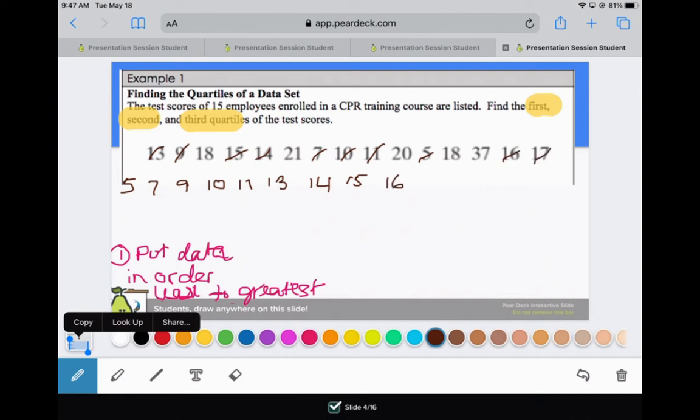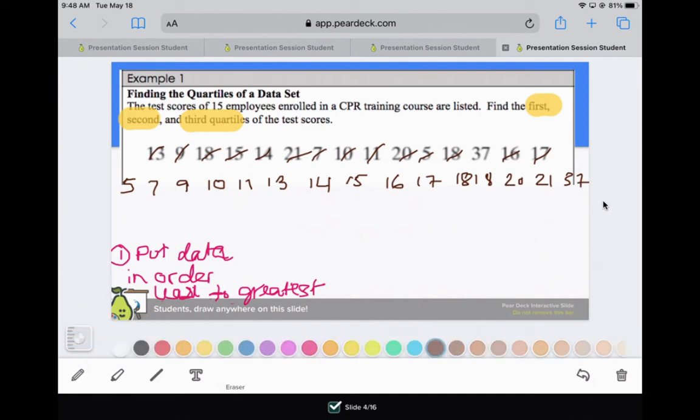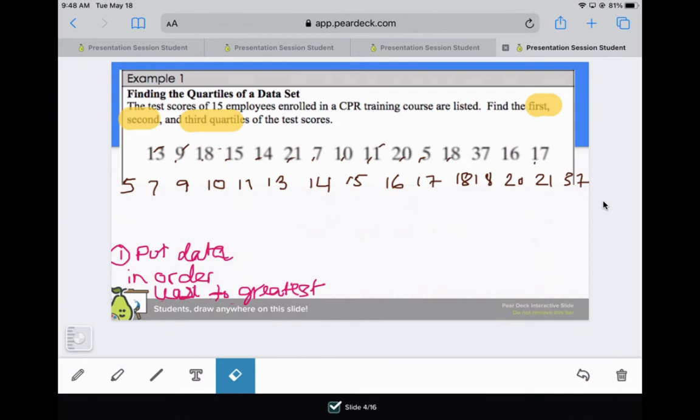We have 17 is the next one. I have 18, 20, 21, and the last number is 37. Okay, so that's step number one. I organize my numbers from least to greatest.